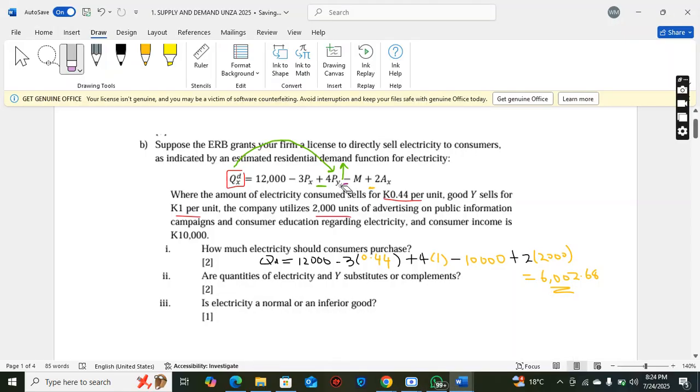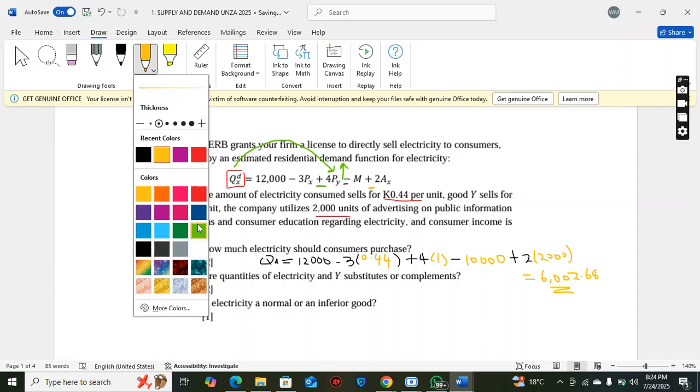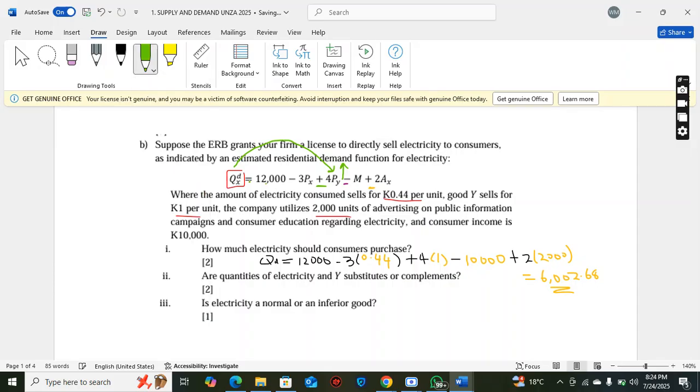Right. If the price of good Y goes up, it means customers are going to substitute good Y with electricity. So the quantity demanded for electricity is also going to go up. Because of this positive sign here, we say electricity and Y are substitutes.